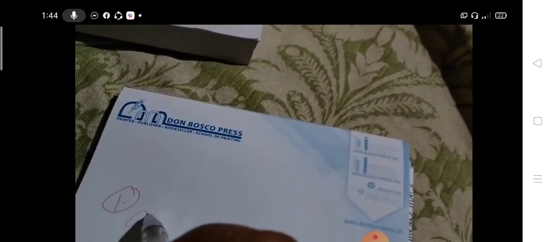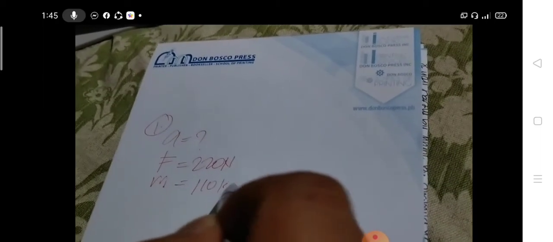Let's find the acceleration, or the required is acceleration. The force is 220 Newton. The mass is 100 kg. The formula of acceleration is a is equal to net force over mass.